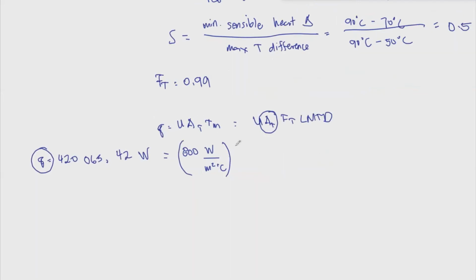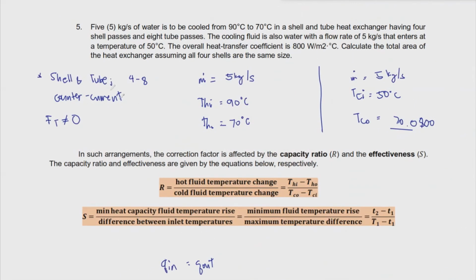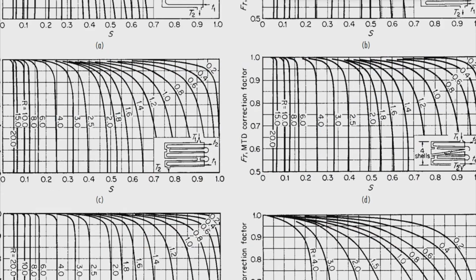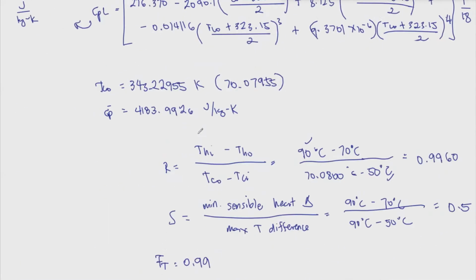Okay, so we need the total area right here. So that's 80. And then our FT is 0.99. So that's the correction factor. And then the log mean temperature difference will come from the countercurrent flow that you can see right here on the Perry's Handbook, because this is the hot fluid and then this is the cold fluid. Because you can see here, it's countercurrent flow. So I'll be using that LMTD for countercurrent.